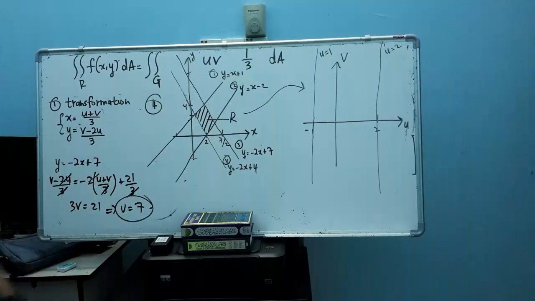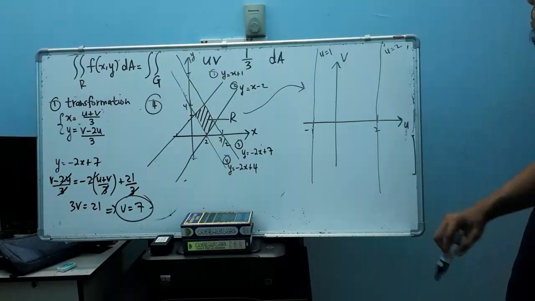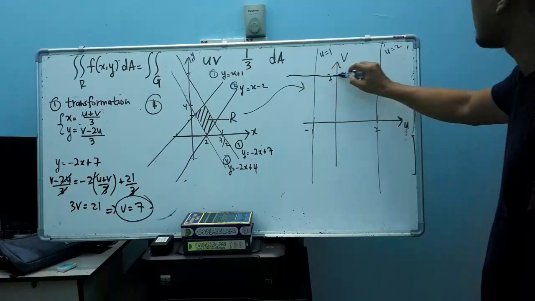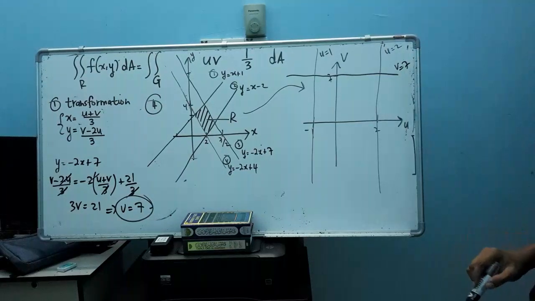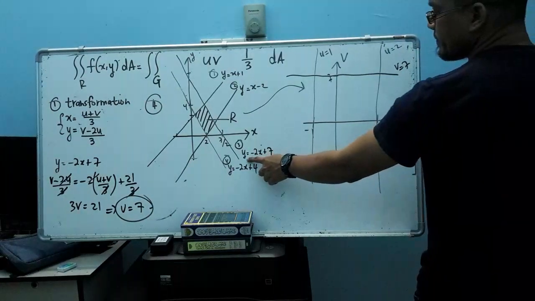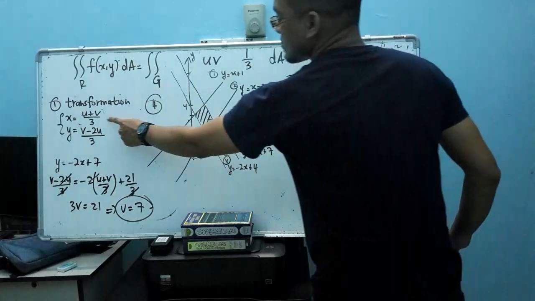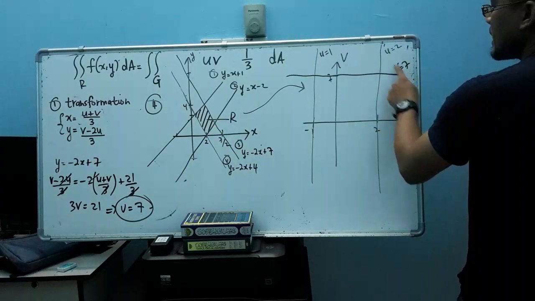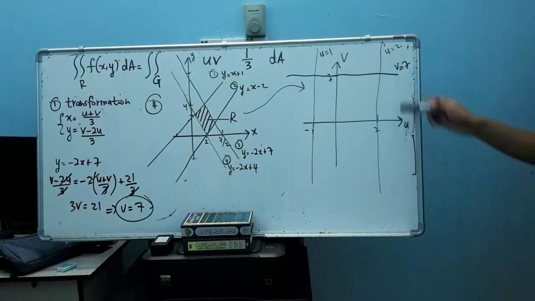What does v equals 7 mean here? It means that the third line, y equals minus 2x plus 7, under this transformation, transforms into v equals 7 in the UV plane.